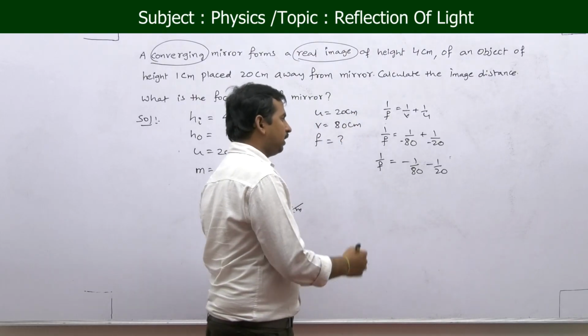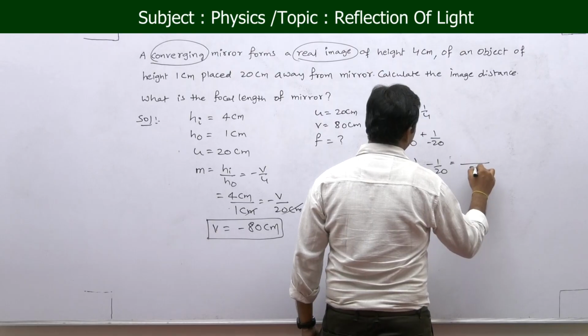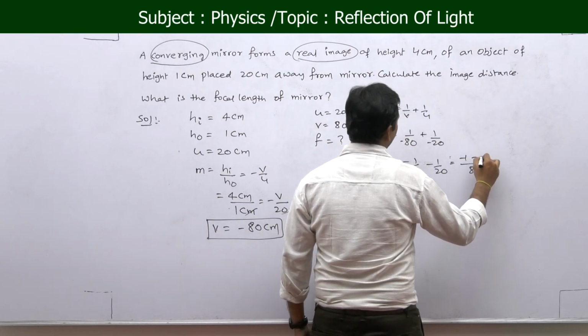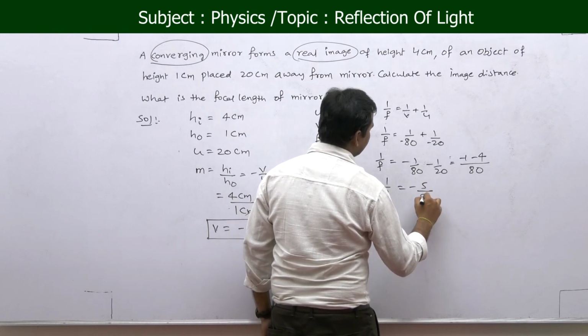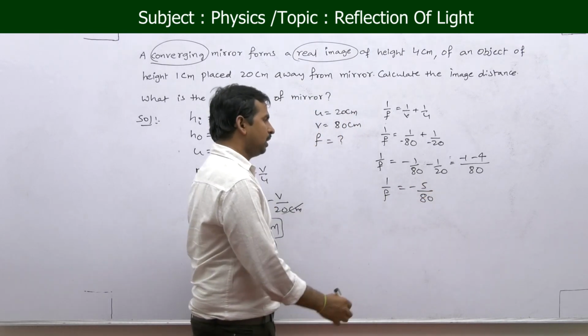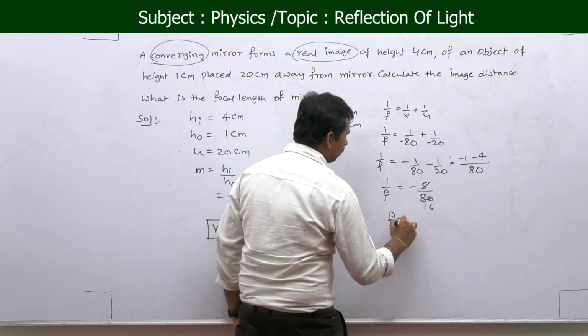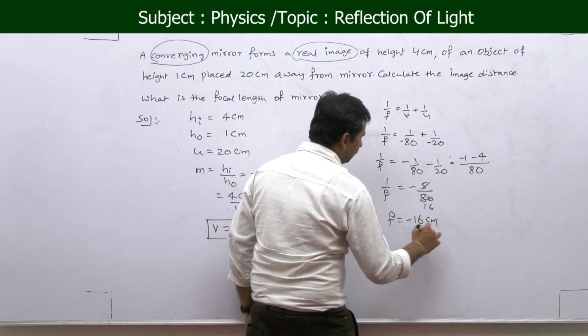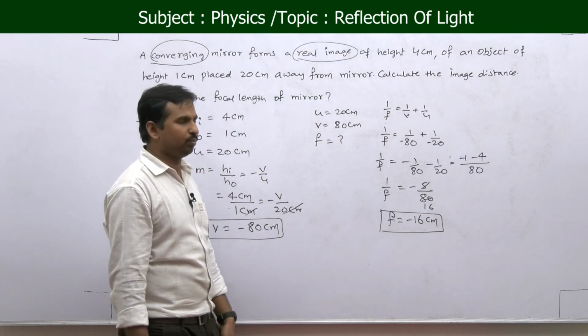If you take the LCM of 80 and 20, which is equal to 80, then minus 1 minus 4, then f is equal to minus 5 by 80. Okay. Then 5 and 16 get cancelled, then we got f is equal to minus 16 centimeters. This is the focal length we got, f is equal to minus 16.